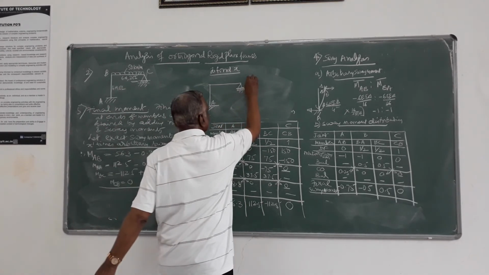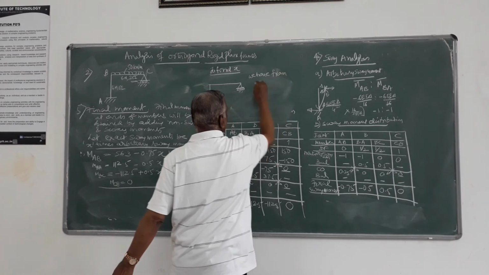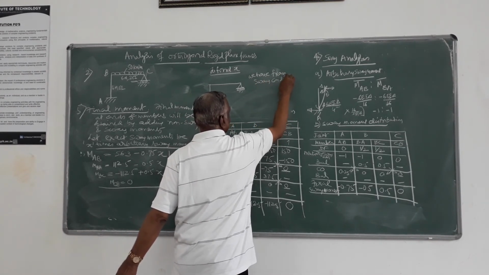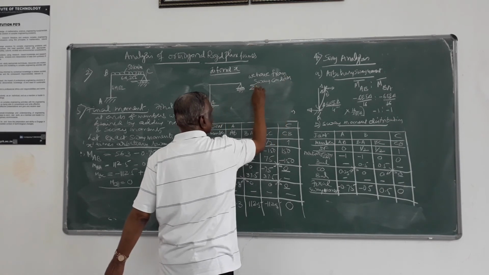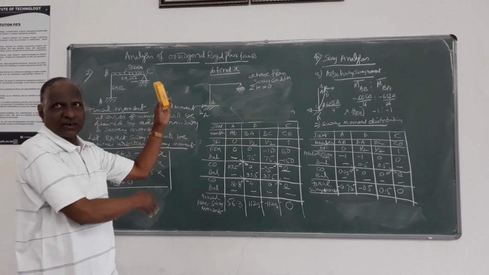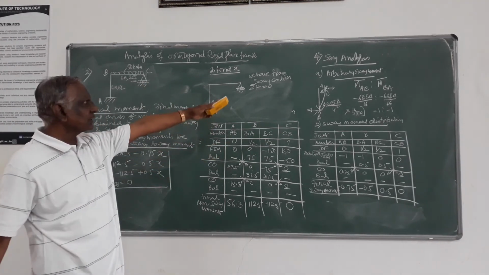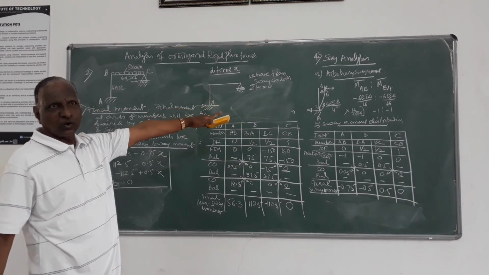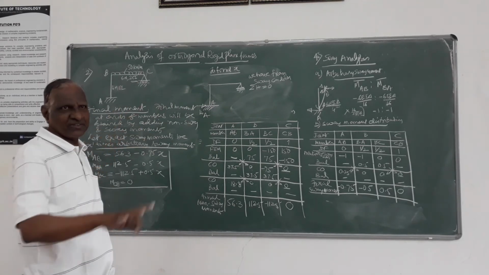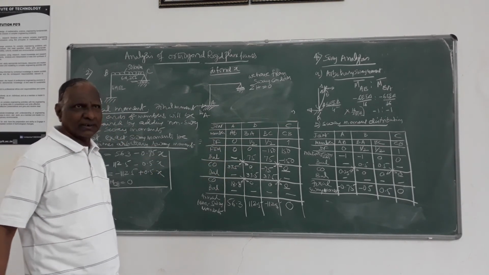Now we have from sway condition, sigma H is equal to 0. Because only column members will undergo sway. So column members undergo sway only in the horizontal direction, that's why I am taking sigma H 0. If it was undergoing sway in the vertical direction, I should have taken sigma V 0. Sigma M equals 0 already I have considered here, all equilibrium conditions.